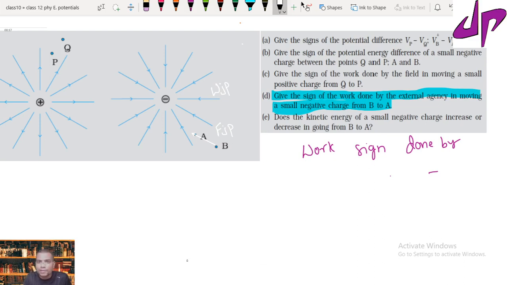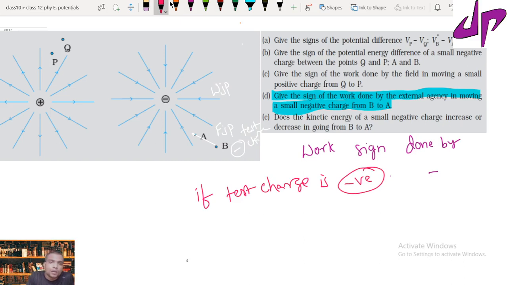What is given is that the test charge is negative. So I have to take a negative test charge and move it from B to A. Now if you notice here, the electric field lines are not opposing me.